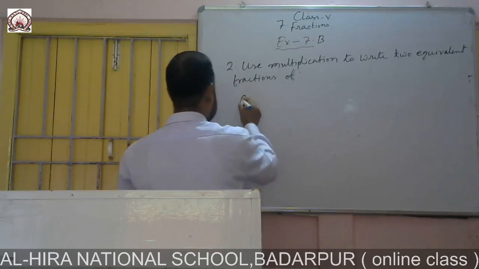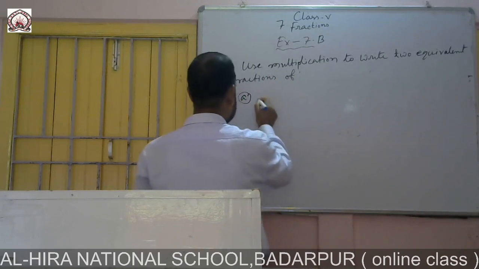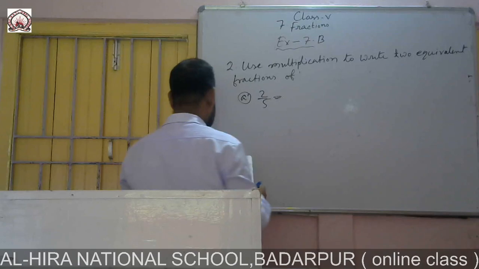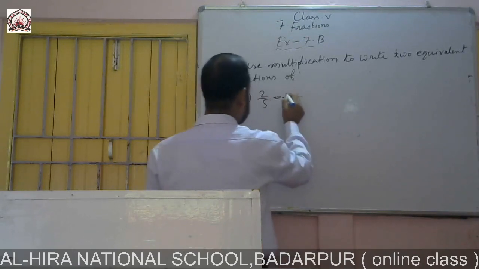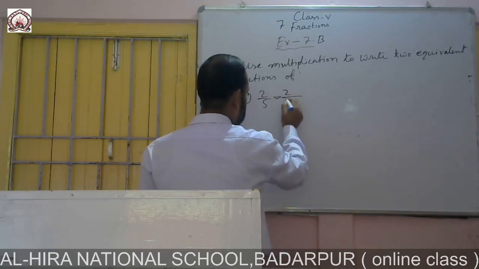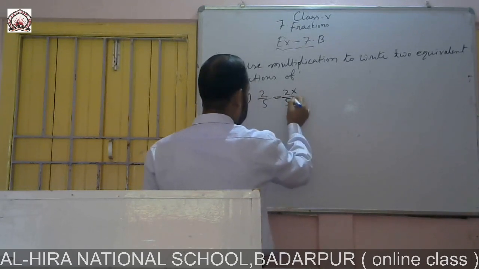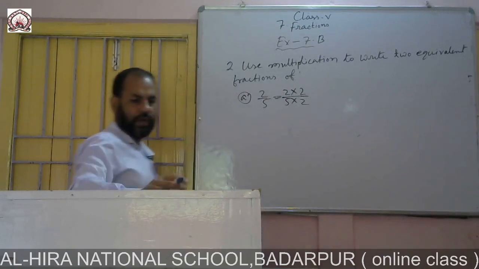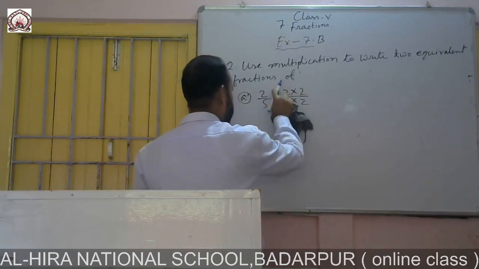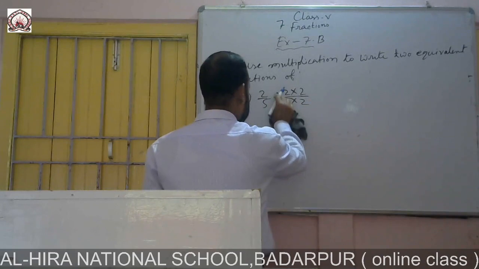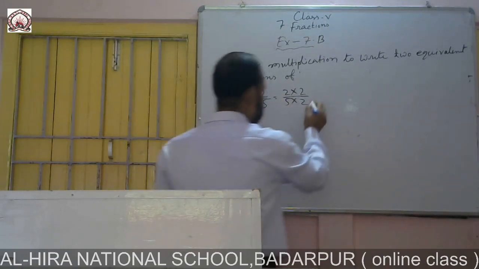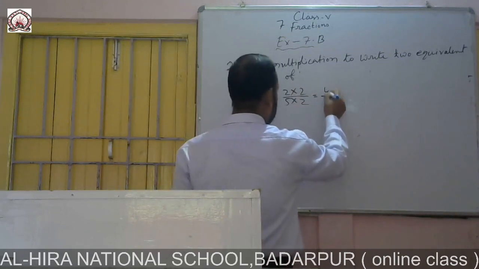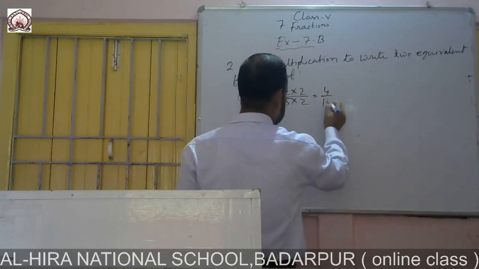Question number A, 2 by 5. So we use multiplication. First we write this fraction and multiply both numerator and denominator by 2. So here 2 2s are 4 and 2 5s are 10.